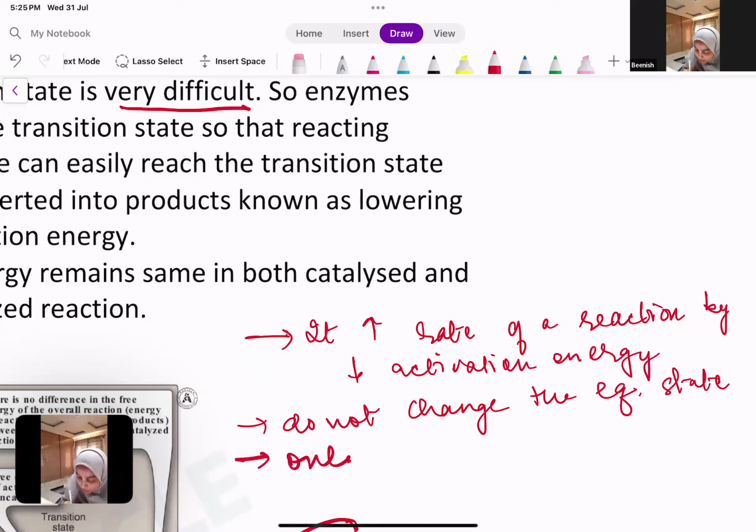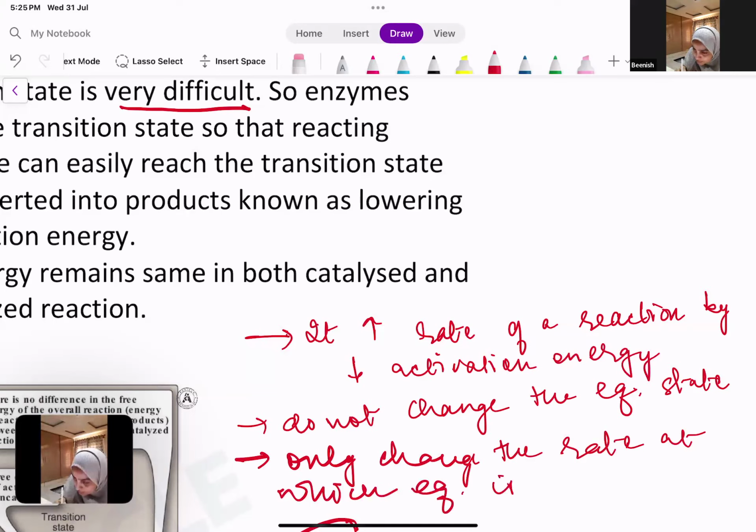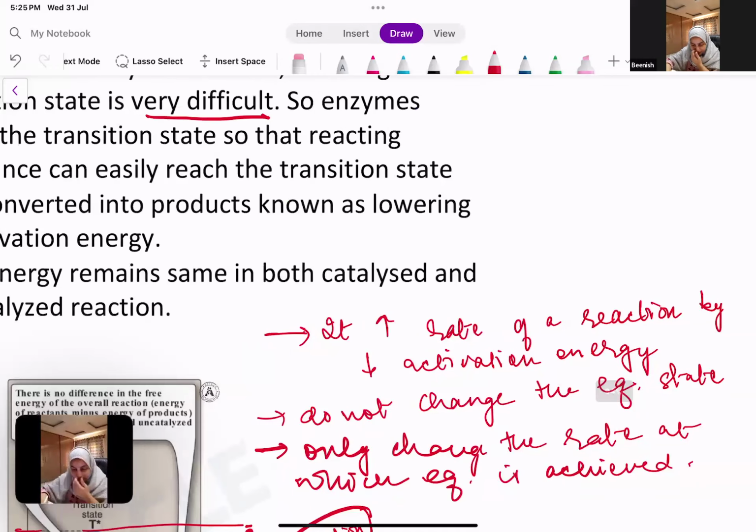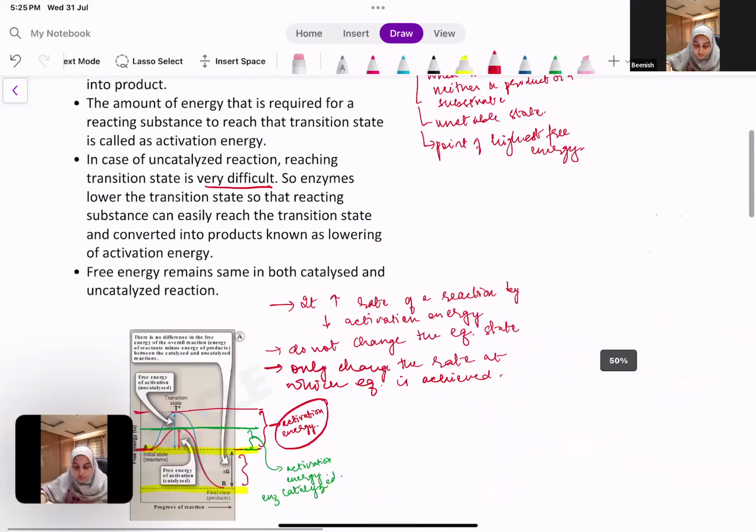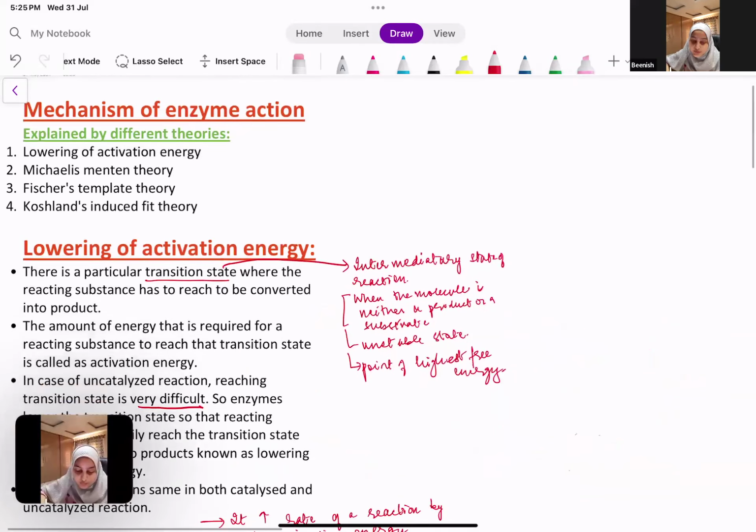They only change the rate at which equilibrium is achieved. So this is the mechanism of lowering of activation energy.